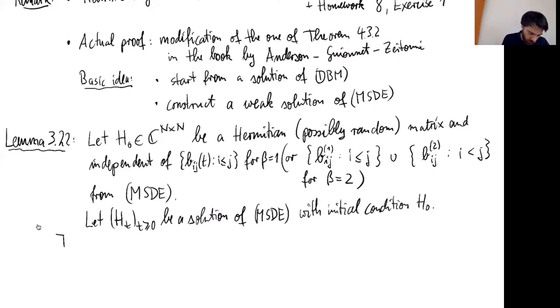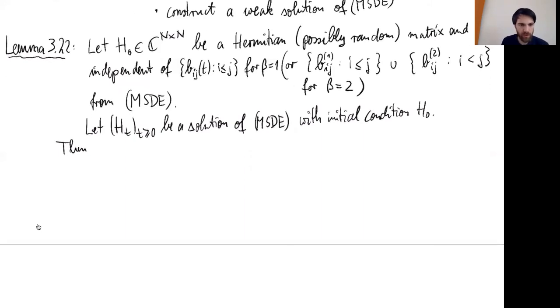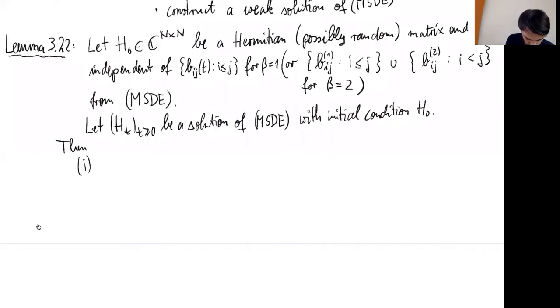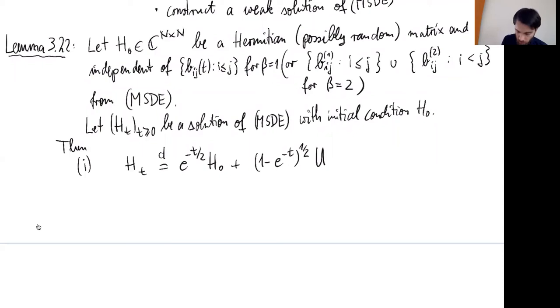And then we have the following results. The first part will give us the result that I just explained in words. If H_t is the solution, then in distribution it is the same as e^(-t/2) H_0 plus (1 - e^(-t))^(1/2) times U, where U is either GOE or GUE.